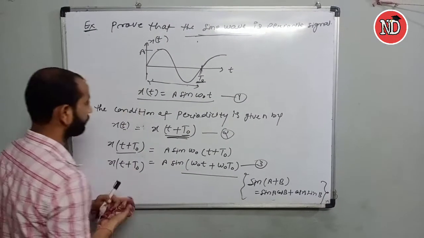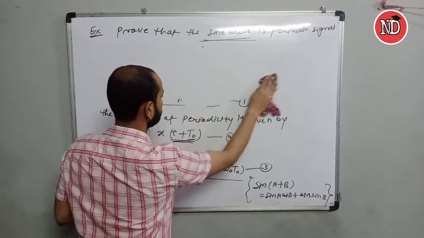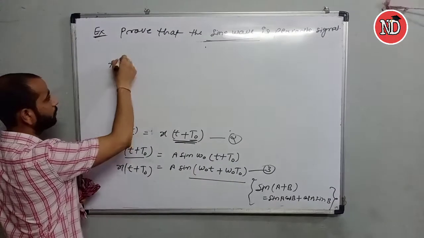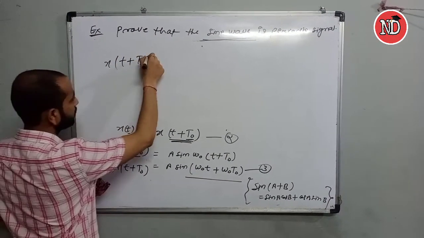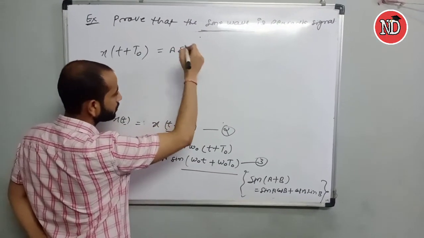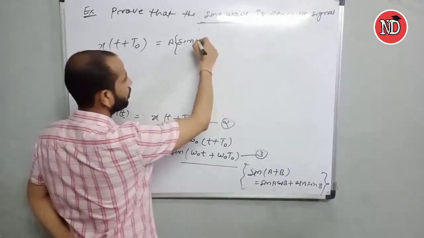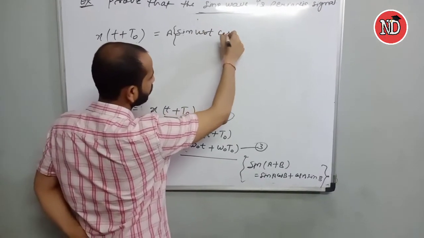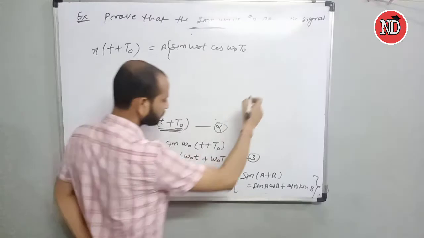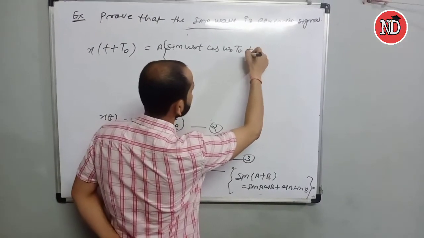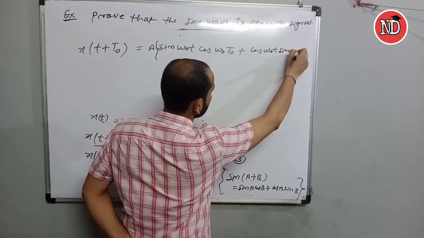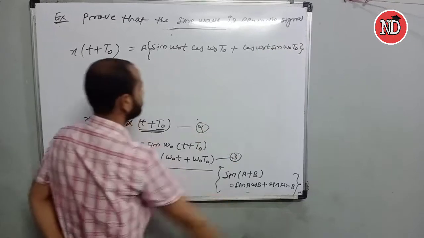We will have x of t plus T0 is equals to A sine omega 0 t cos omega 0 T0 plus cos omega 0 t sine omega 0 T0.